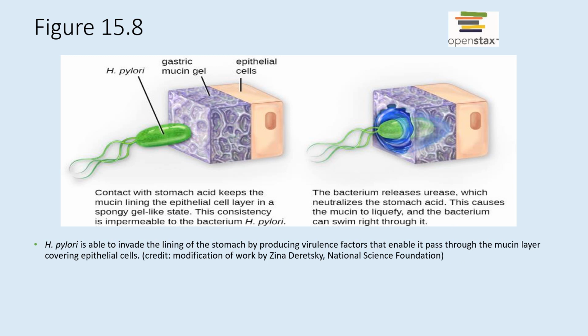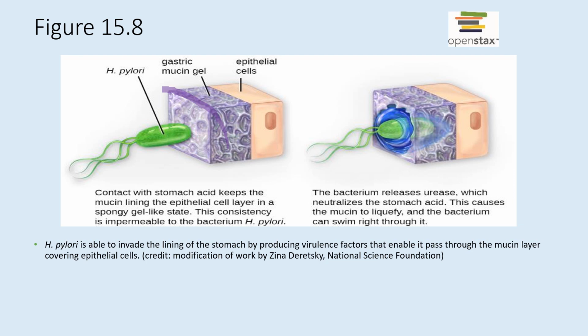H. pylori, which is the causative agent of stomach ulcers, is able to invade the body. It's able to survive in the stomach, even though it's very, very acidic there. It starts producing certain, what we call virulence factors, that help it to pass through this layer right here, which is made to protect the cells of the stomach.